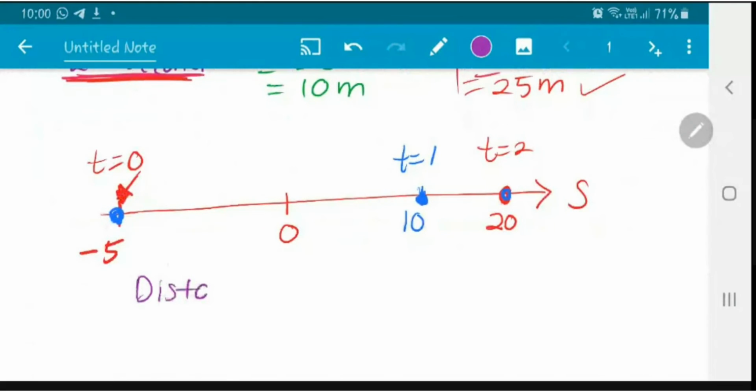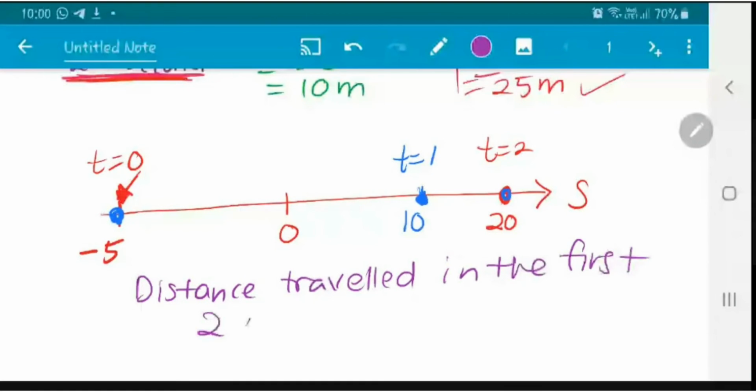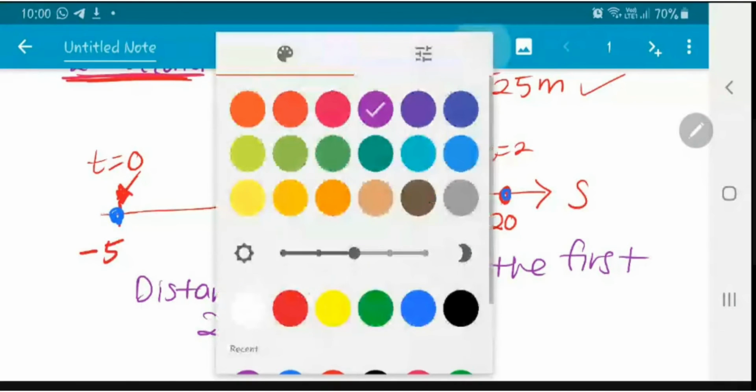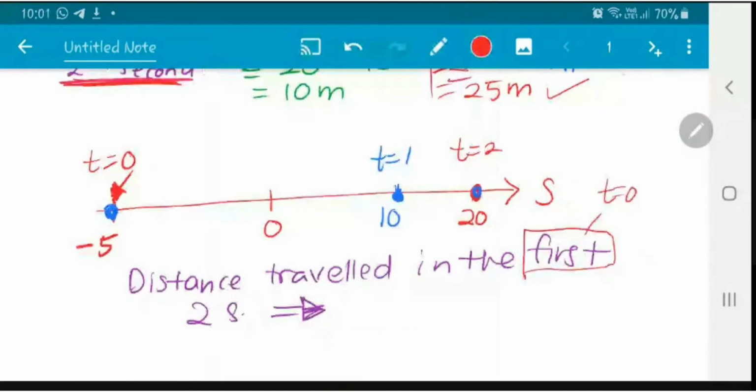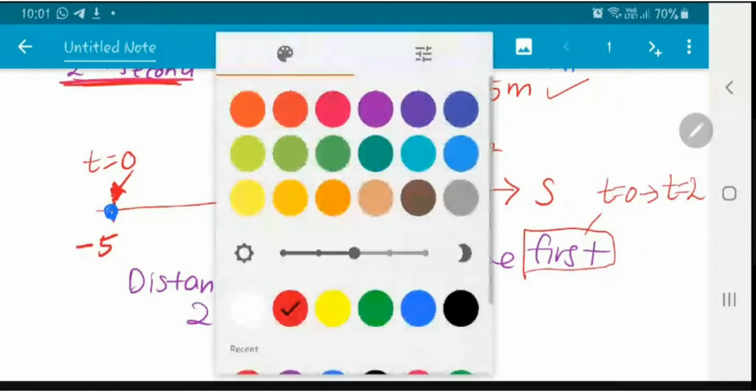Okay. So kalau soalan tanya distance travel of the particle in the first 2 second, jawapan you kena ambil daripada t kosong sebab in the first 2 second, maknanya daripada t kosong sampai t2 tu berapa semua total distance. So kalau t kosong dia start kat sini, sini sampai sini dah 5 meter.